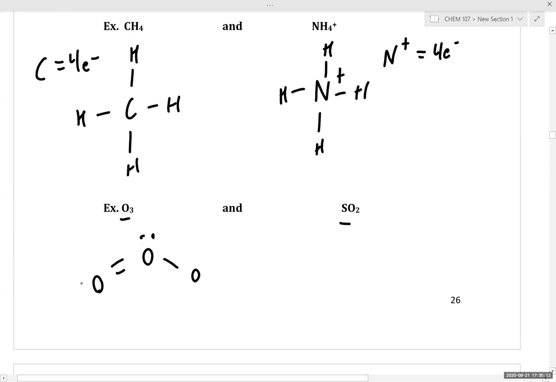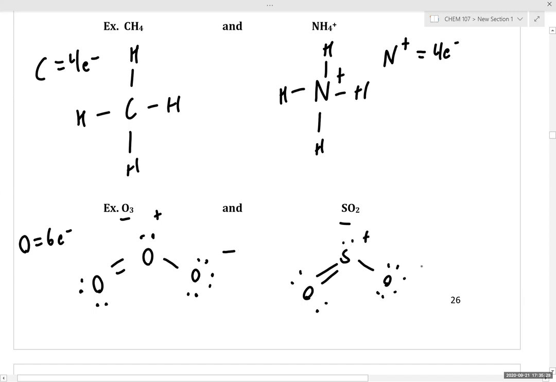We've drawn the following structure for ozone, and we know that oxygen has 6 valence electrons. Sulfur dioxide has a strikingly similar structure to ozone, and the reason for that is because we've essentially just replaced oxygen with sulfur.